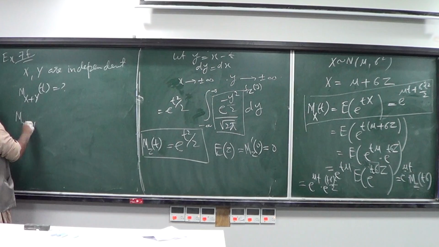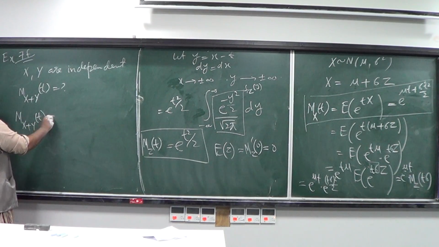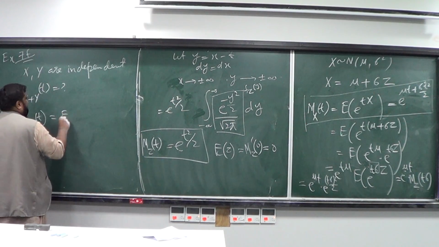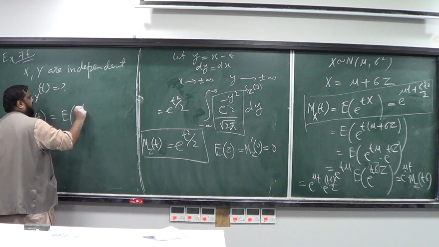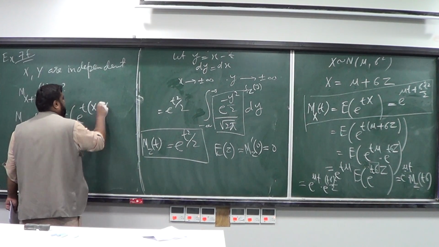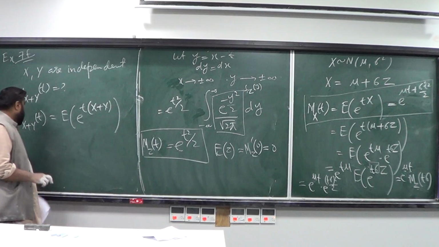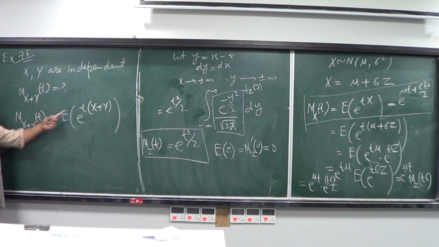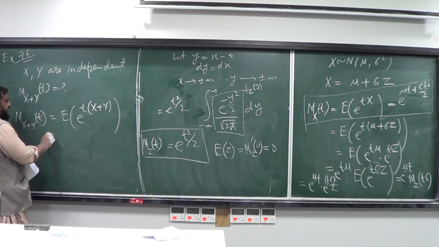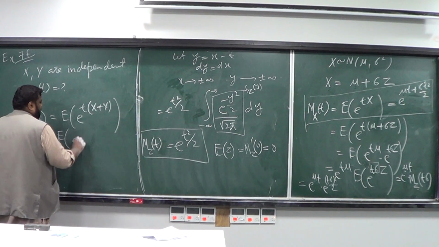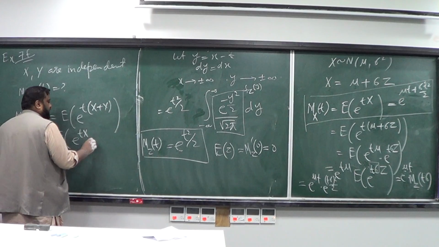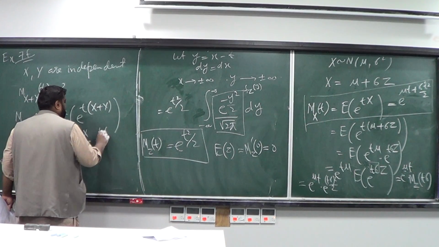I can calculate the moment generating function of x plus y at t as what? This is equal to the expectation of e to the t times the random variable x plus y, by definition. So whatever random variable you have, t multiplied by that random variable. Okay. So I can write this as expectation of e to the tx times e to the ty.